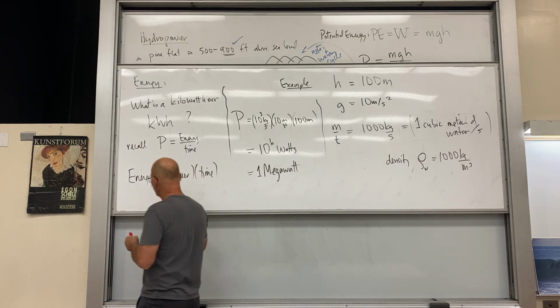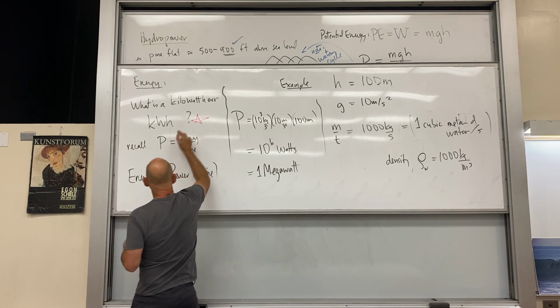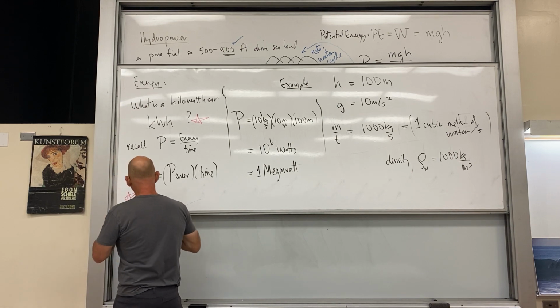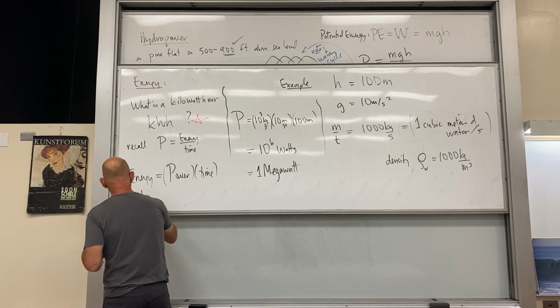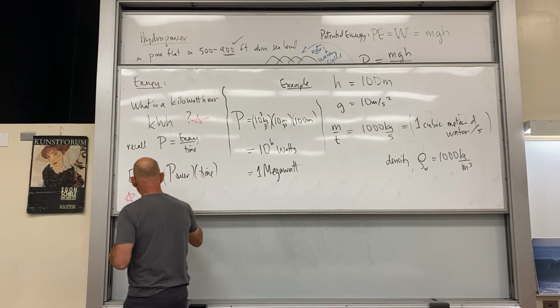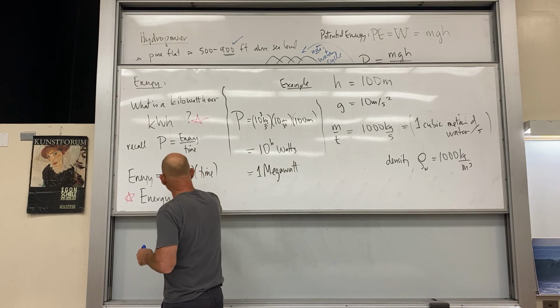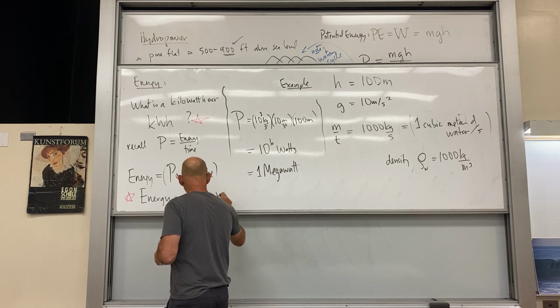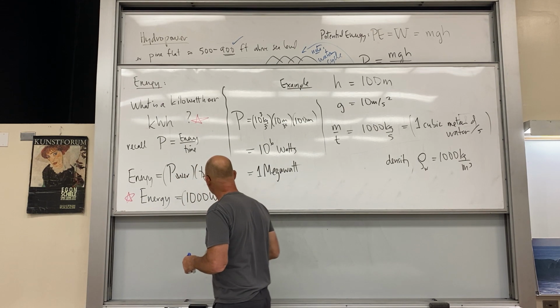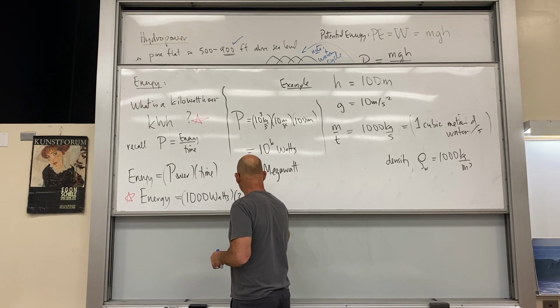So in this case here, we have energy, or you could just as soon write W for work, same thing, is equal to 1,000 watts, because that's a kilowatt. I'll write it out, 1,000 watts, that's kilowatt, and the hour is 3,600 seconds.